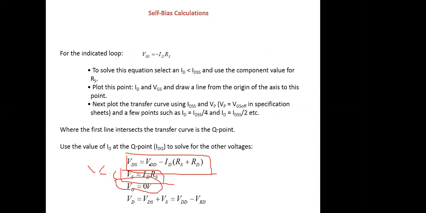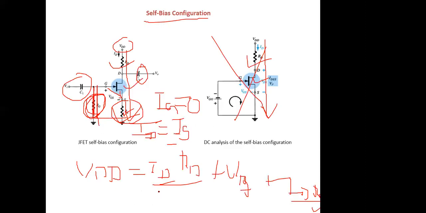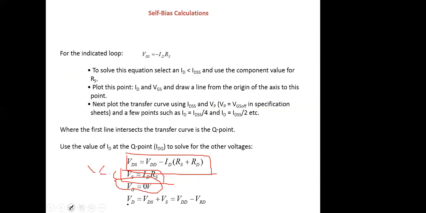Now utilizing this above formula, we can say what is VD. VD is nothing but VDS plus VS. VS is nothing but ID into RS, and this voltage drop is VDS. So VD is equal to VDS plus VS.